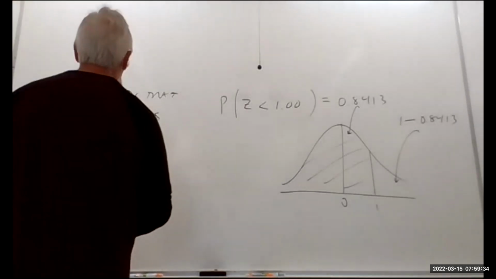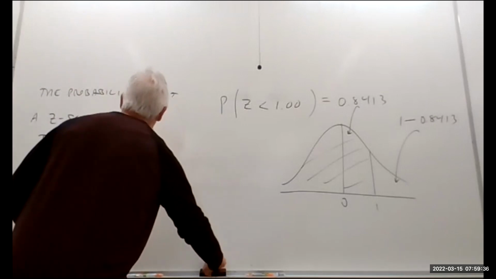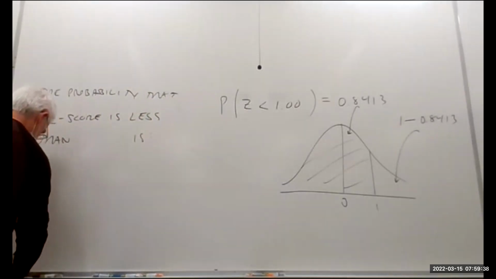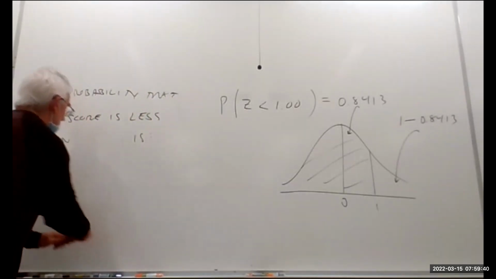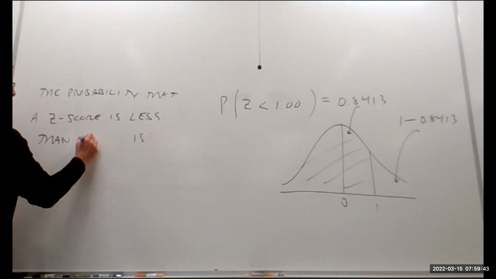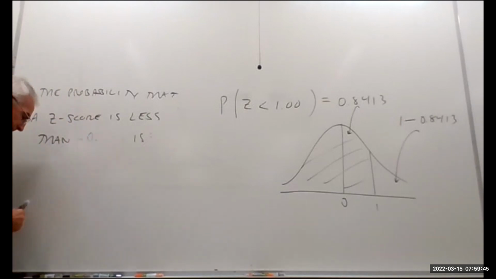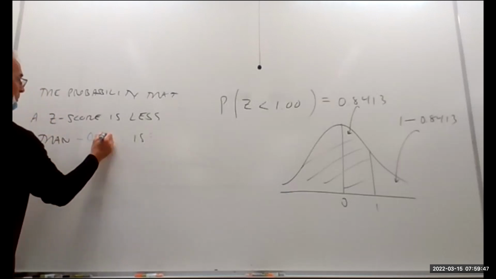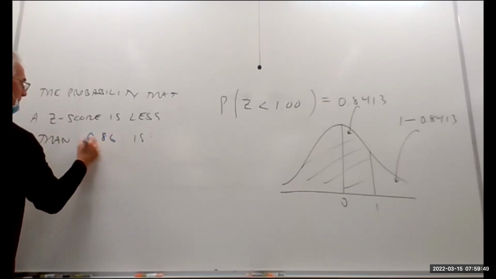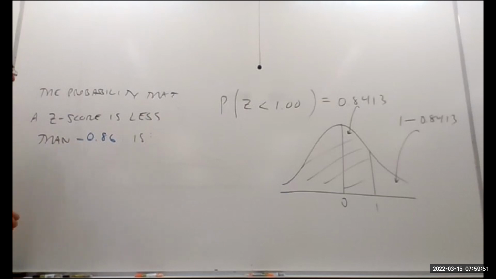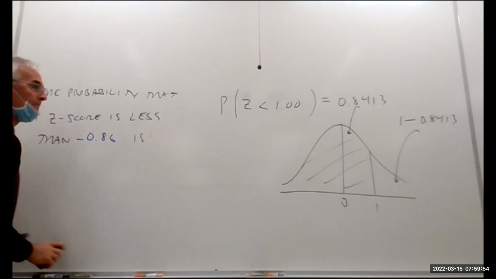Let's try another one. All right, let's find the probability that a z-score is less than, put a different number now, negative 0.86. What is the probability a z-score is less than?